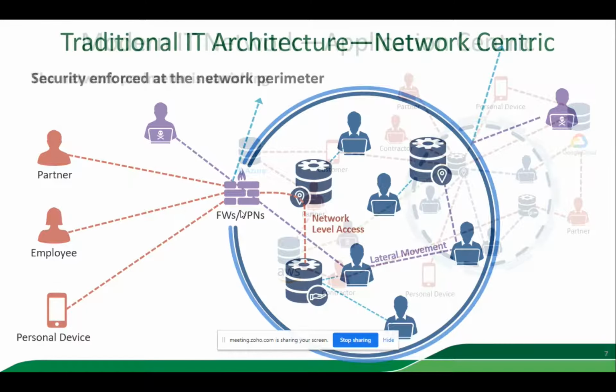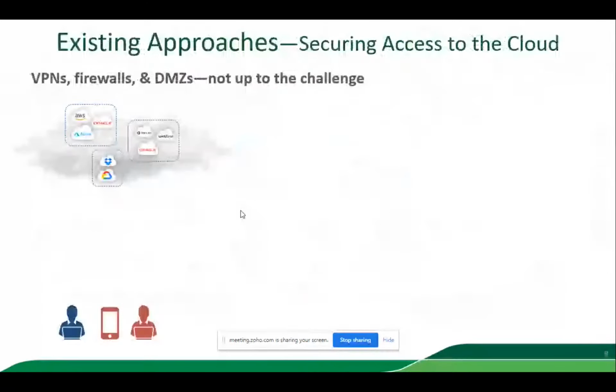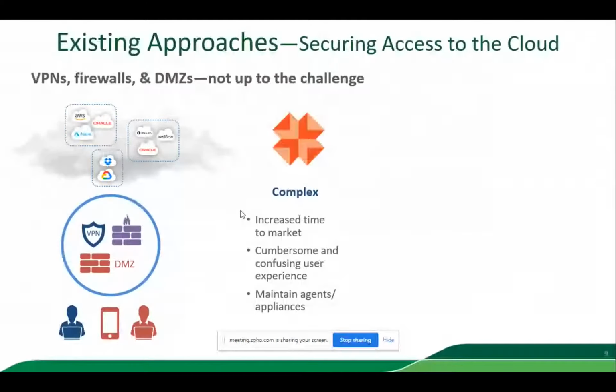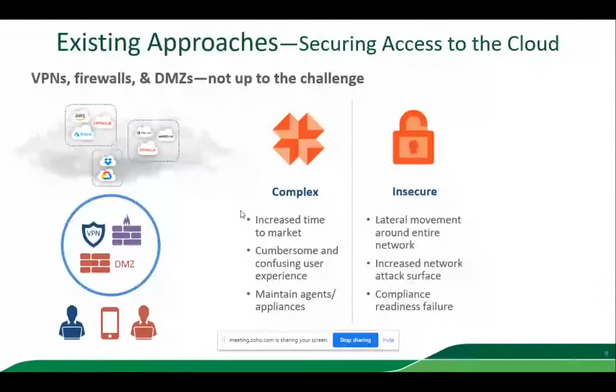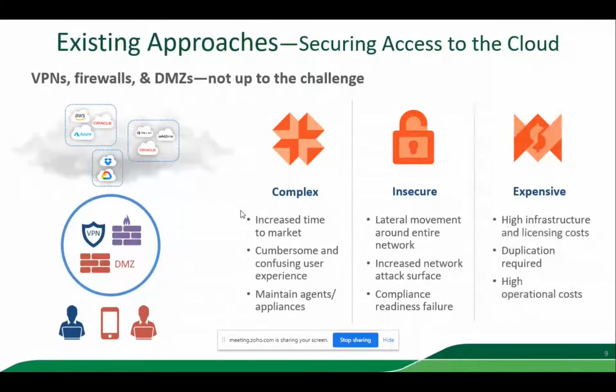With the existing approach, whereby we have DMZ, our firewalls, our VPNs, we have three main challenges. Number one, complexity. It takes a long time to deploy. Number two, insecurity. Attackers can gain access to the corporate network and move laterally. Number three, this is expensive because of multiple layers of solutions that demand high licensing and operational costs.